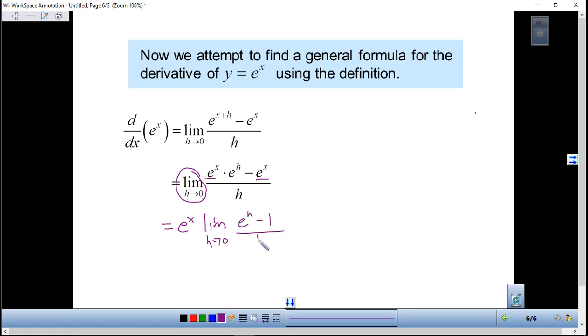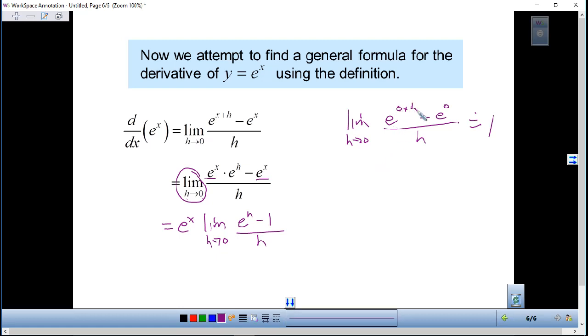1 all over h. Now, think back to what we just dealt with. Remember, we said that the limit on the previous page, the limit as h approaches 0 of e to the 0 plus h minus e to the 0 over h was equal to 1. Do you see where I'm going now?